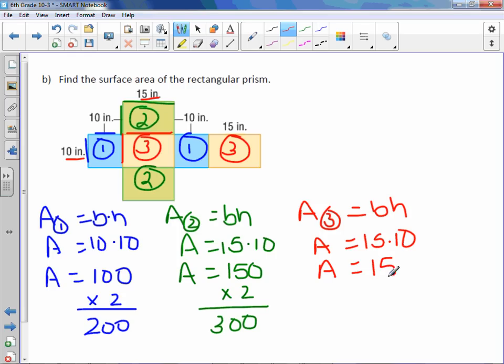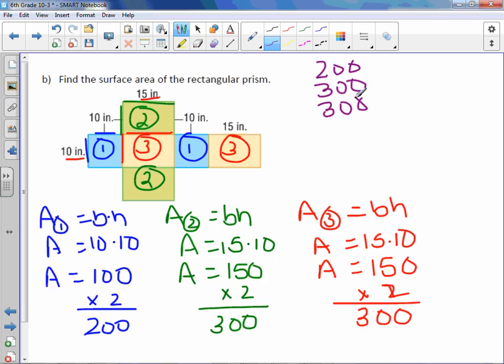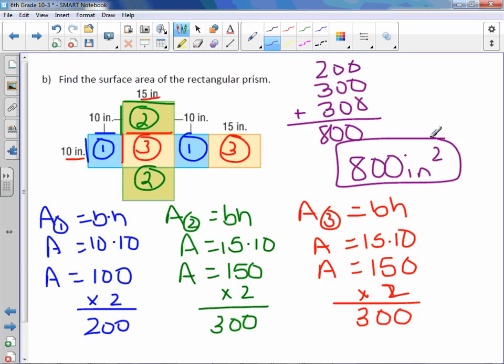Multiply together, we get 150. There are 2 of them, and we get 300. Add up those areas, 200, 300, 300. And we get a total area of 800 inches squared.